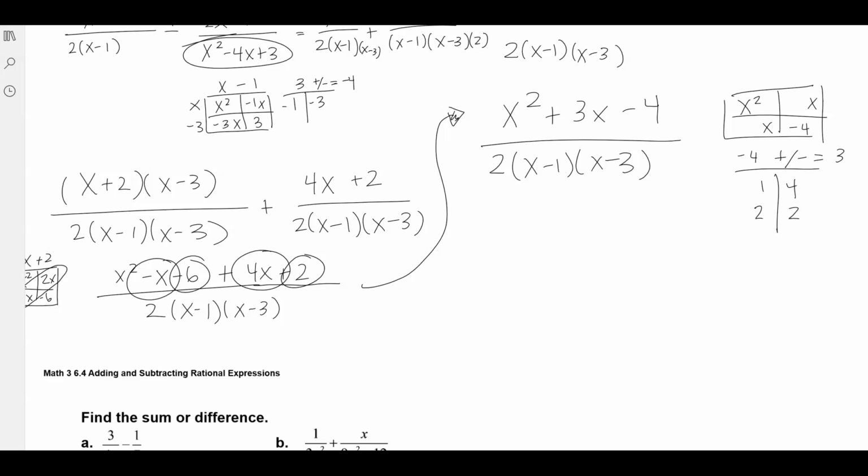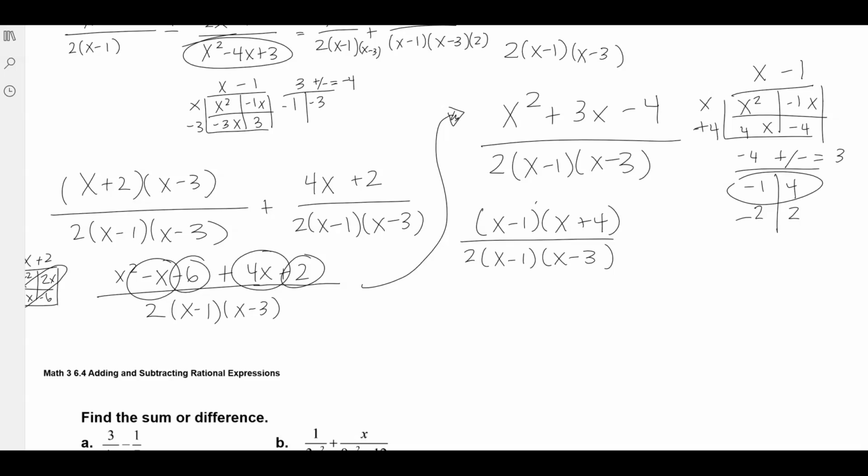It's a positive and a negative, so the little number is negative. So it'll be negative 1, positive 4. So x minus 1, x plus 4. So now it's x minus 1, x plus 4 over our 2x minus 1, x minus 3.